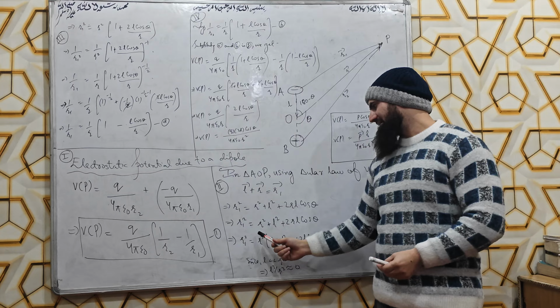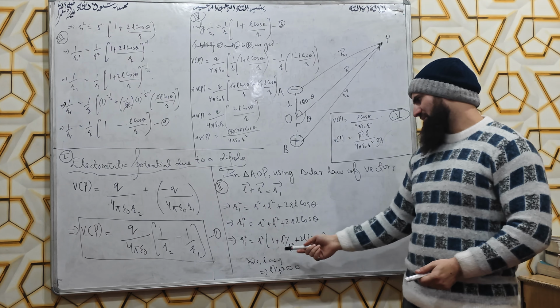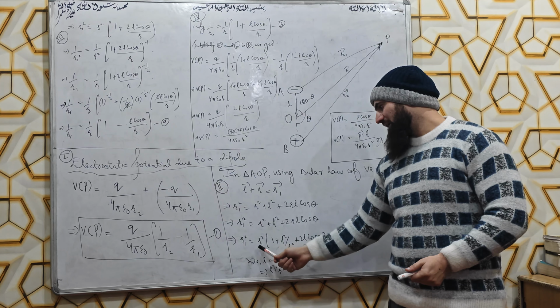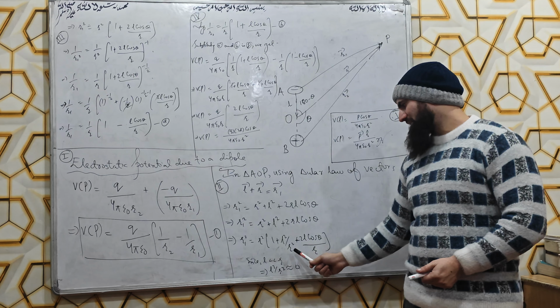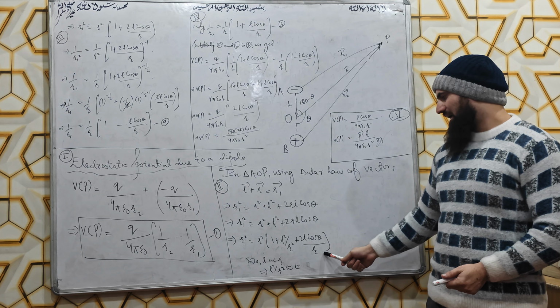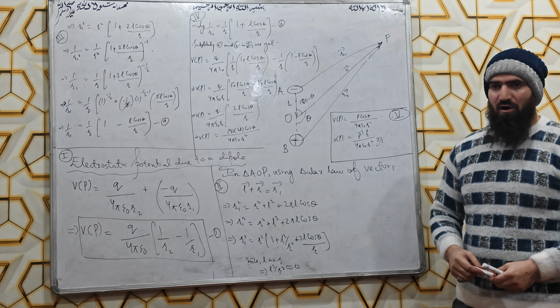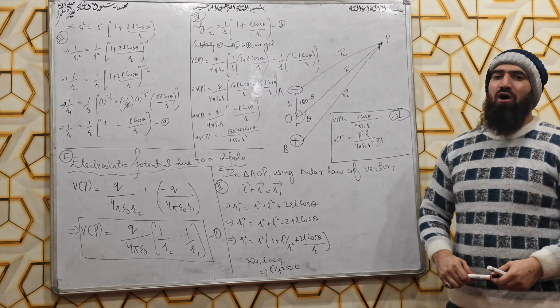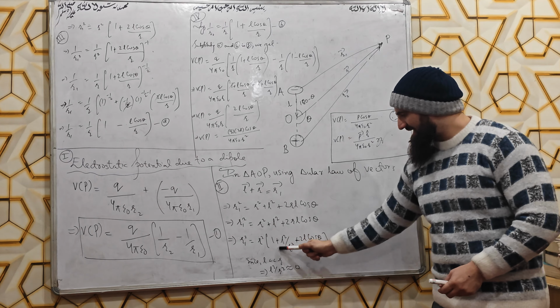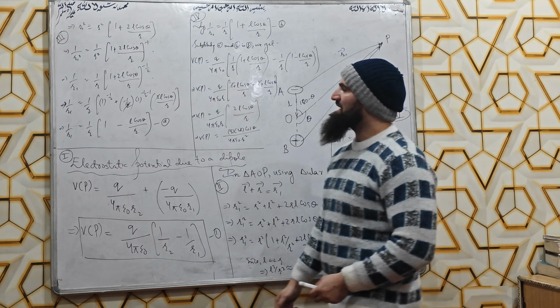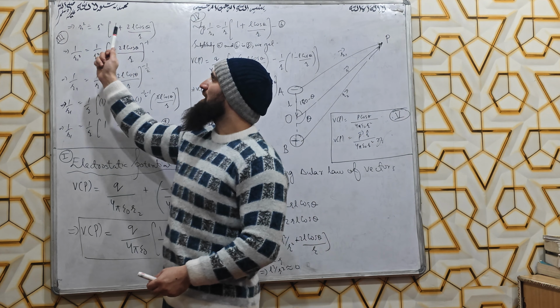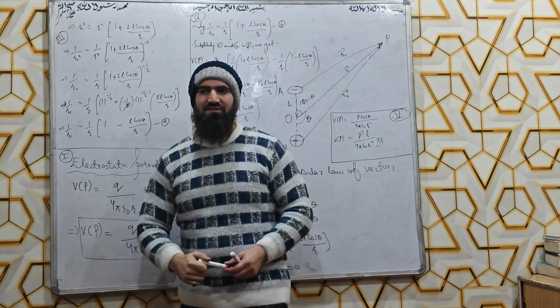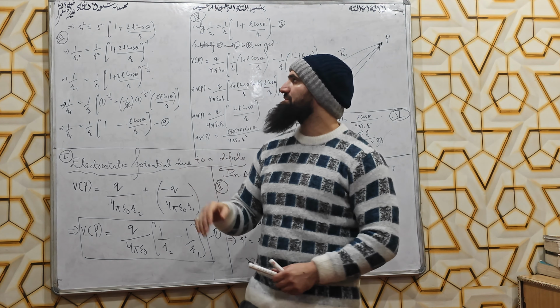Now R1 square is equal to R square plus L square plus 2RL cos theta. Taking R square common, we will have 1 plus L square by R square plus 2L cos theta by R. Since L is very small as compared to R, L square by R square will be almost 0. So we will neglect this L square by R square term here. That's why I wrote R1 square is equal to R square into 1 plus 2L cos theta by R. The L square by R square term has been neglected.